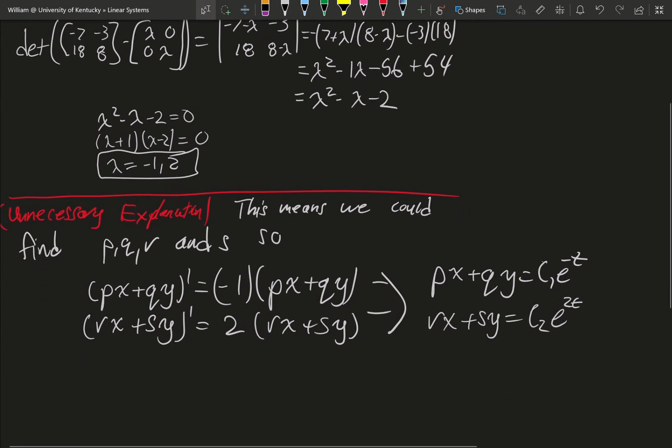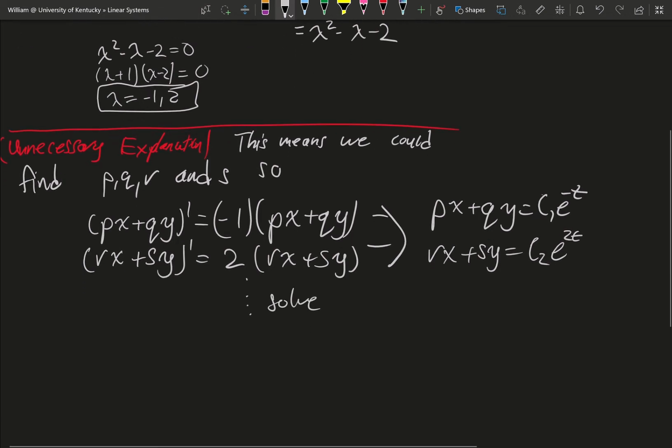All right, from there, I could go ahead and solve, and it should be clear there's no way I could get any other functions of t. I can solve for x and y right now.